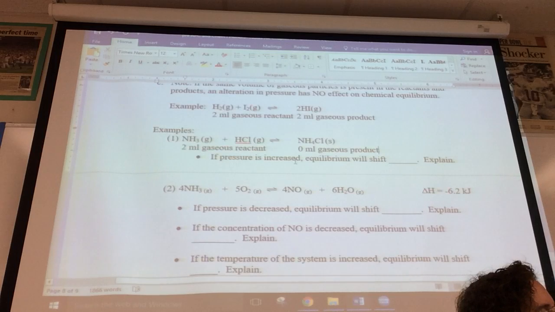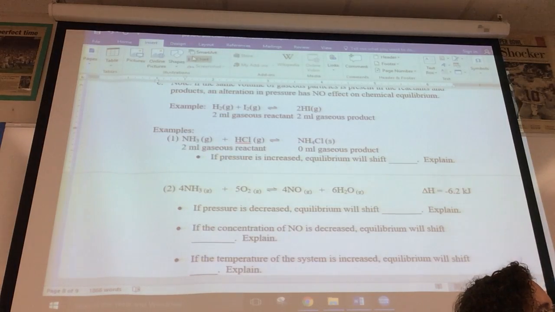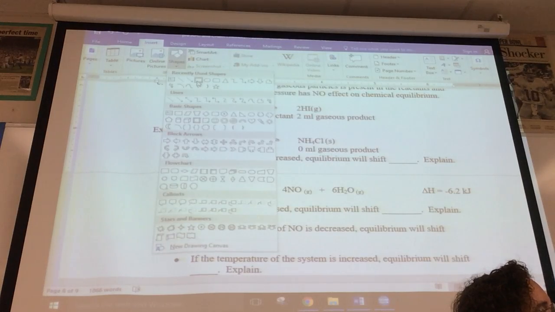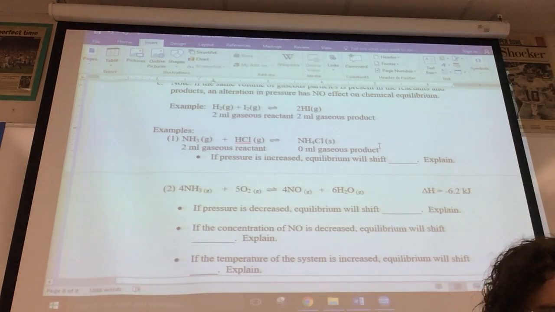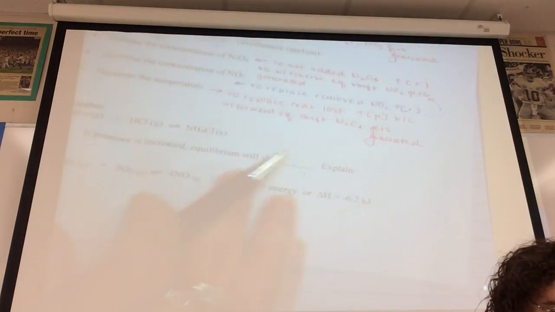So if you increase pressure, equilibrium is going to shift in which direction? The one with the larger volume or smaller volume? Smaller volume. So equilibrium in this case is going to shift to the, I don't know why I can't write on there. I was trying.